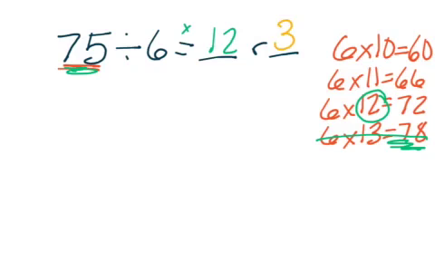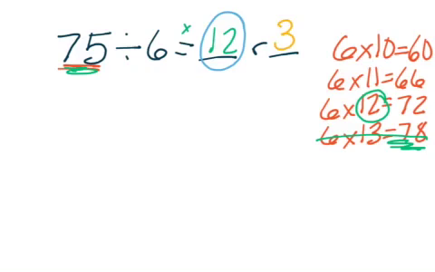That's step number 1. Step number 2 is to figure out, okay, what does my problem want me to do? Am I just going to use this number, use the quotient, or am I going to add 1 to the quotient? If we take a look at our problem, a sporting goods company can ship 6 footballs in each carton. How many cartons are needed to ship 75 footballs?